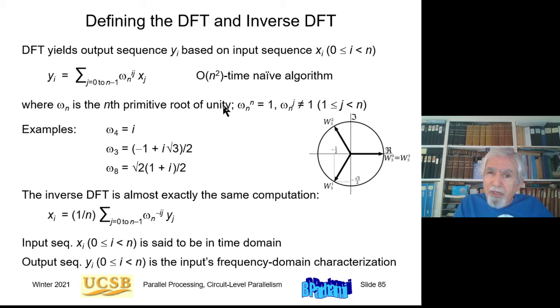So we are looking for a number omega n such that when raised to the power n, it yields 1, but raised to any smaller power, it doesn't yield 1. Because otherwise, 1 is also an nth root of 1. It satisfies this part, 1 to the power n is 1, but 1 to any smaller power is also equal to 1. So omega 4 is i.